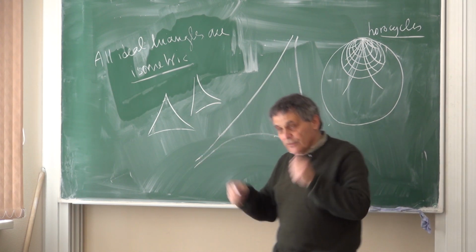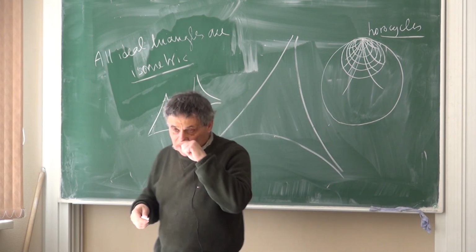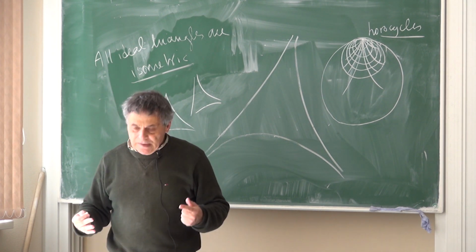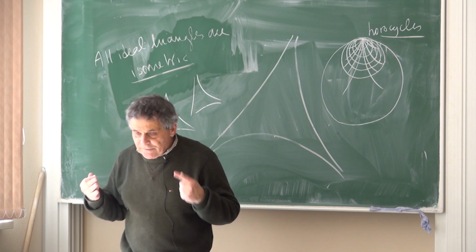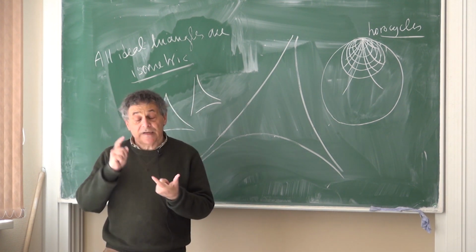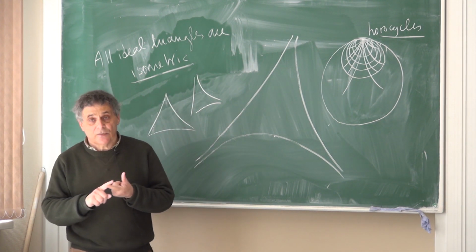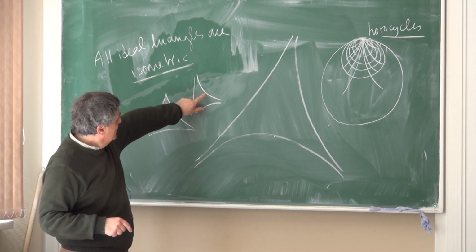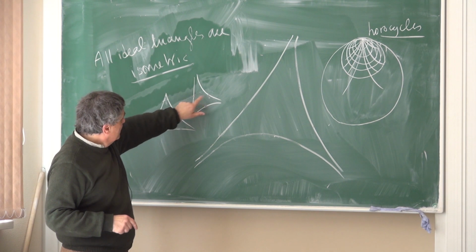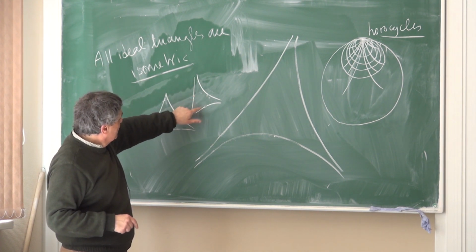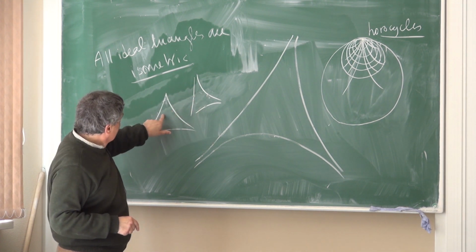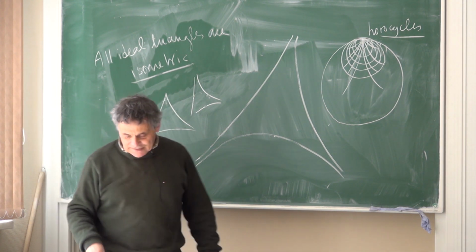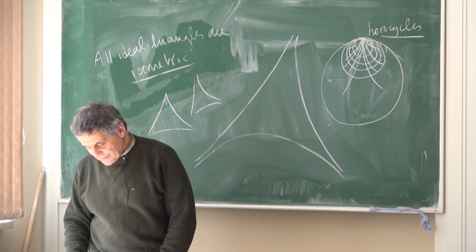He derived all the trigonometric formulas of hyperbolic geometry. He derives them using the trigonometric formulas of Euclidean geometry and of spherical geometry. He has a very interesting way of deriving the trigonometric formulas of hyperbolic triangles.